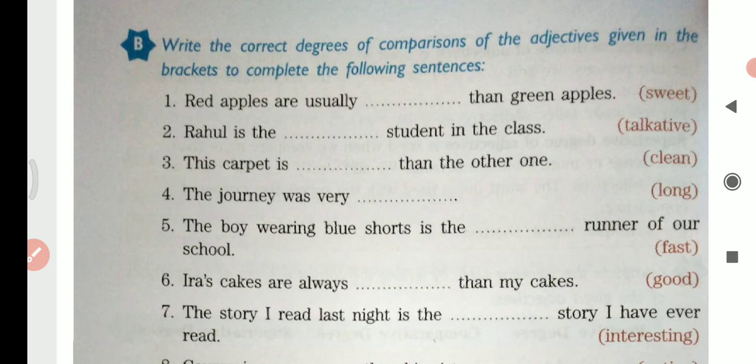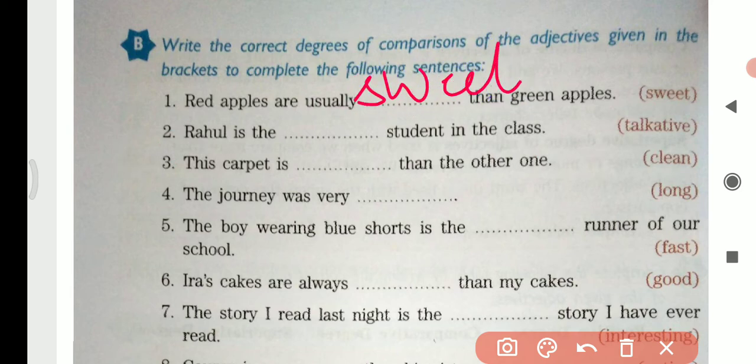Red apples are usually dash than green apples. When we compare two things, then we use the comparative degree. So the comparative degree of sweet will be sweeter. Red apples are usually sweeter than green apples.